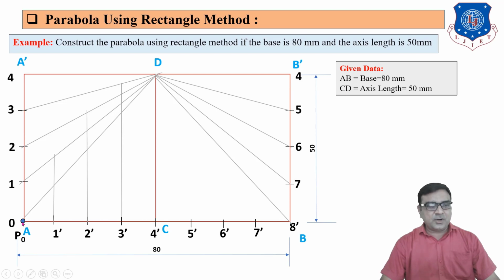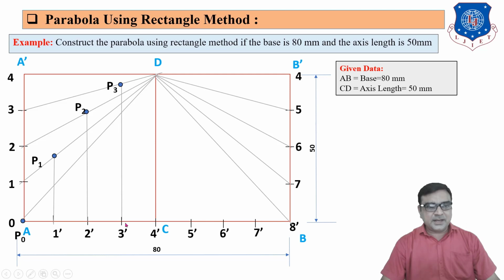Now which is the point of parabola? A is point of parabola which is denoted by P0. Now P1 is the intersection of this vertical line from 1 dash and line D1, which intersect at this point known as P1. Again vertical line of 2 dash and D2 intersects at P2.